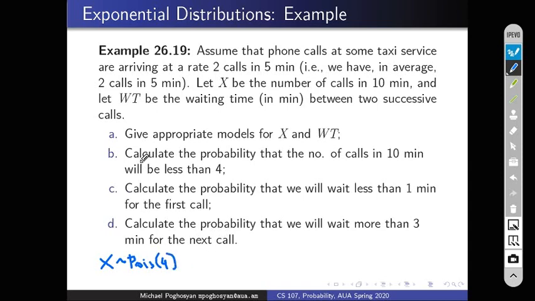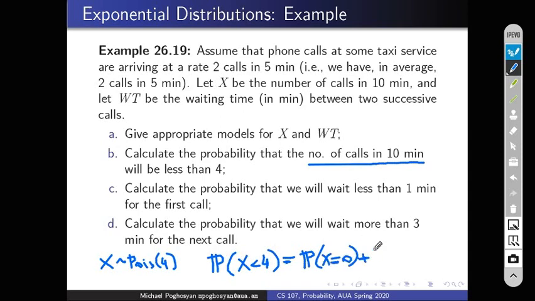We are asked to calculate the probability that x is less than 4. So this is the sum of the probabilities that x is 0, so no calls at all in 10 minutes, plus the probability that x is 1, plus the probability that x is 2, and plus the probability that x is equal to 3.